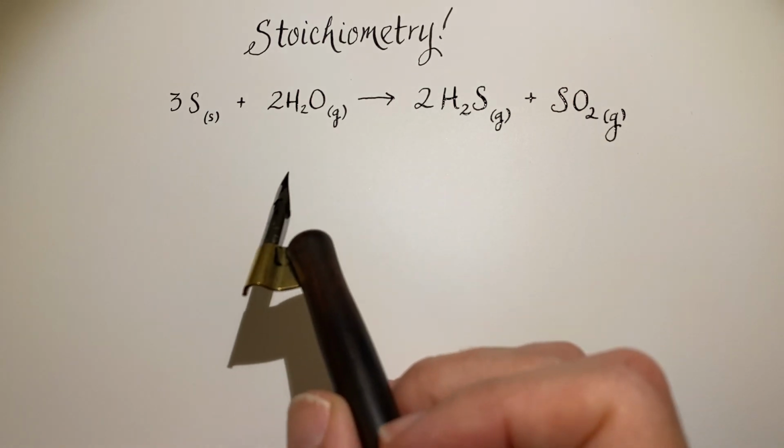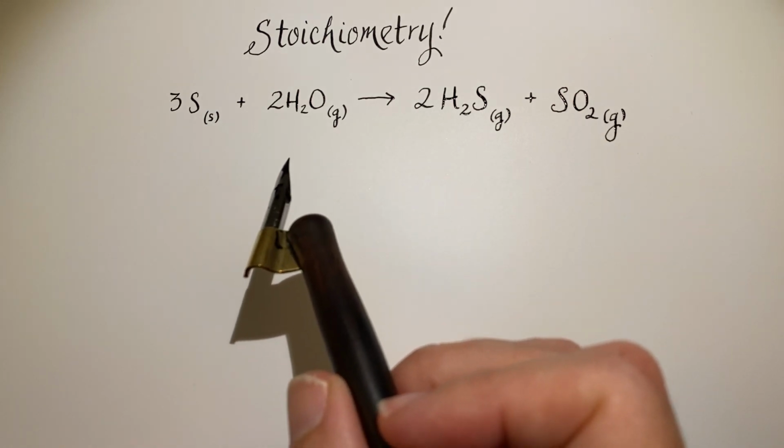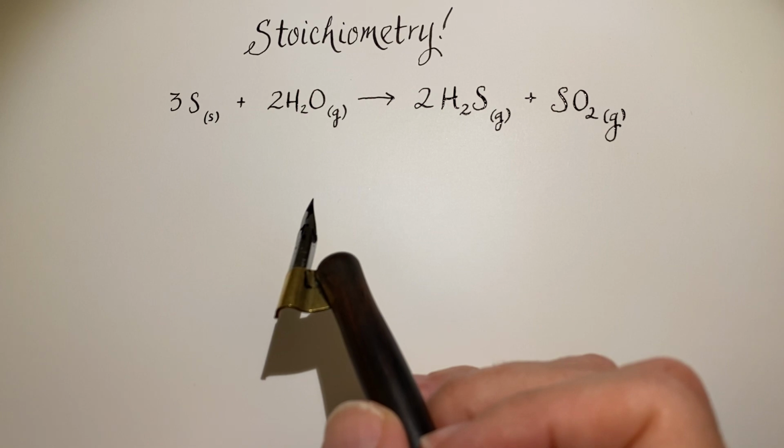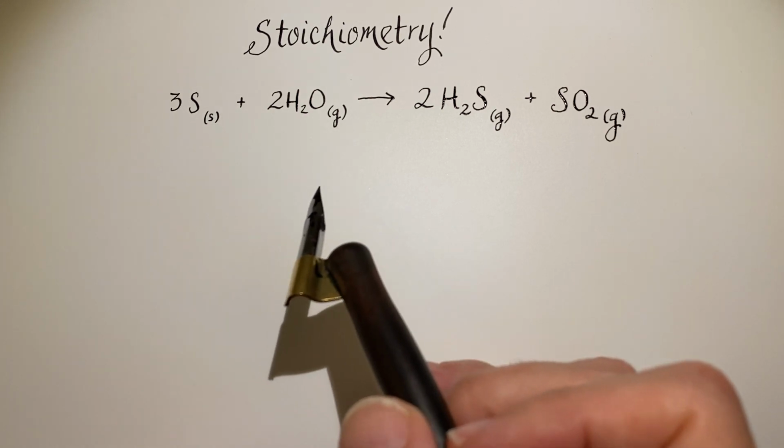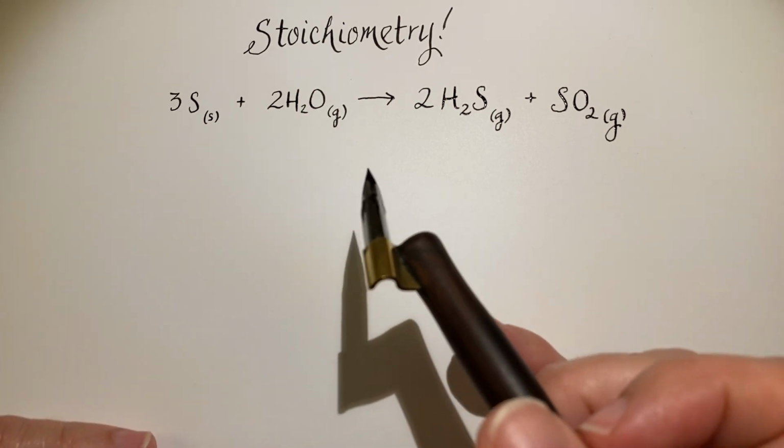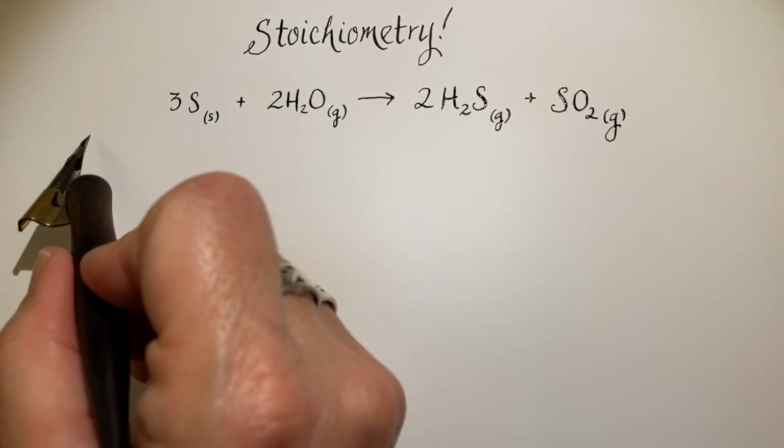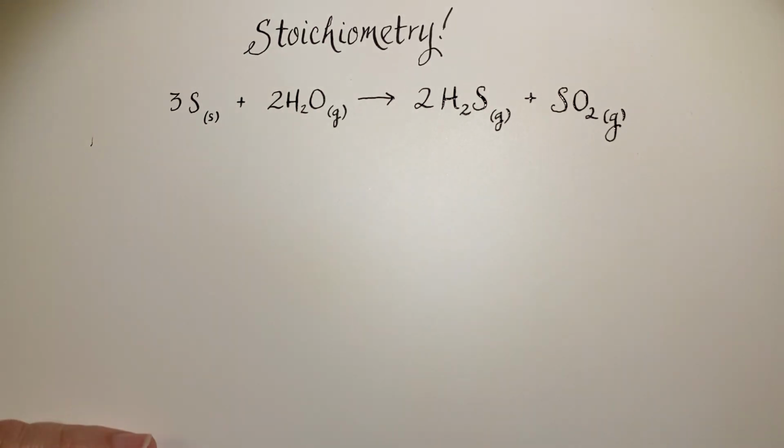But really, the take-home that I want you to see with this balanced chemical equation is that there is a very specific mole ratio that has been given to us if we are given a balanced chemical equation.